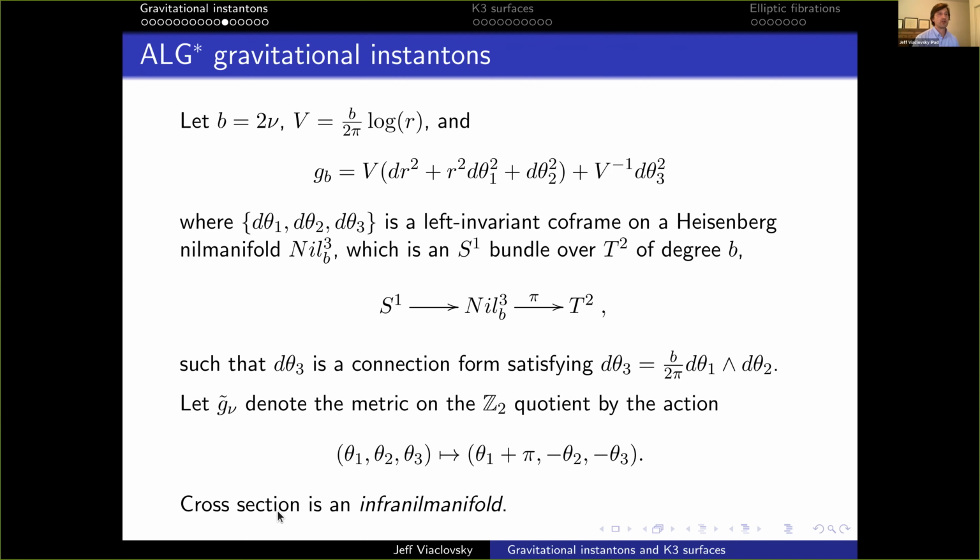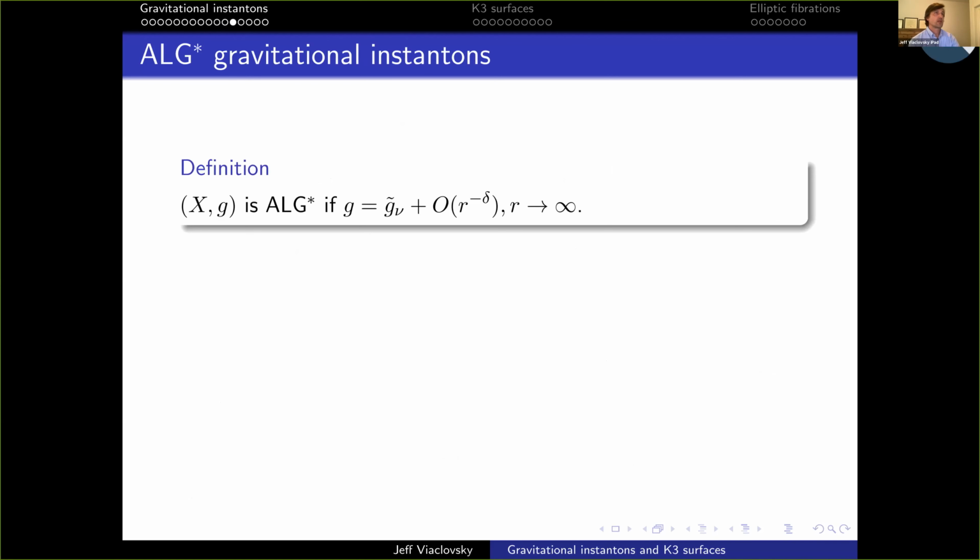The cross section of this metric will be an infranil manifold, so it's a finite quotient of a nilmanifold. Okay, so now the definition of ALG star is that g is this g tilde sub nu plus O of r to the minus delta plus decay terms.